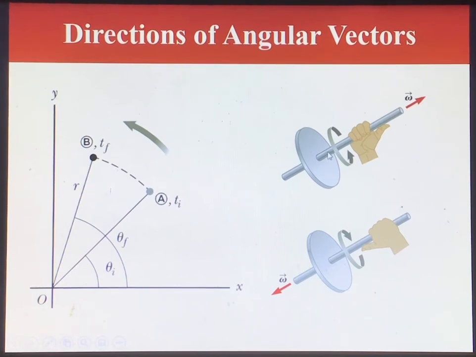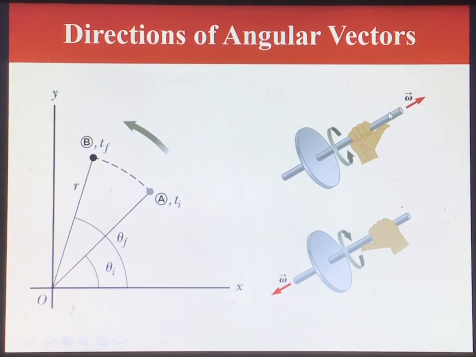Generally, we say that counterclockwise is considered positive. So whenever you have a counterclockwise rotation, this is a positive rotation. And when you have a clockwise rotation, this is a negative rotation.